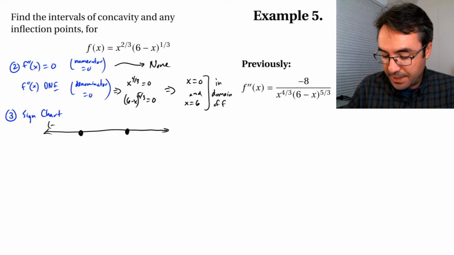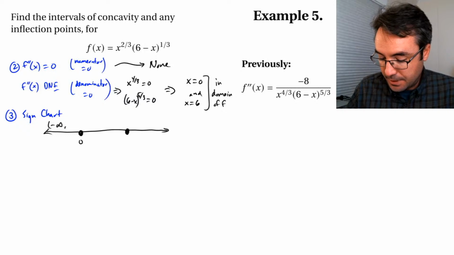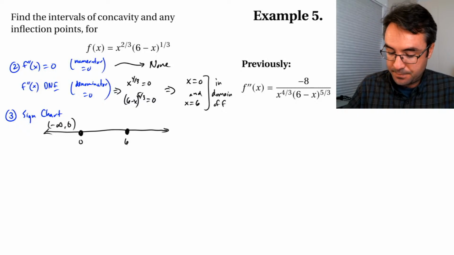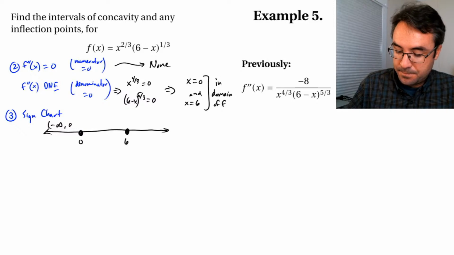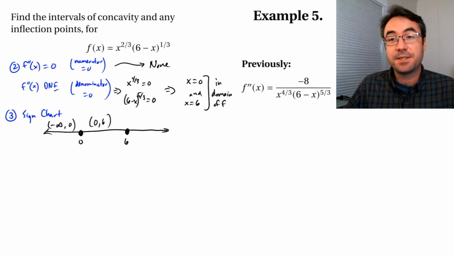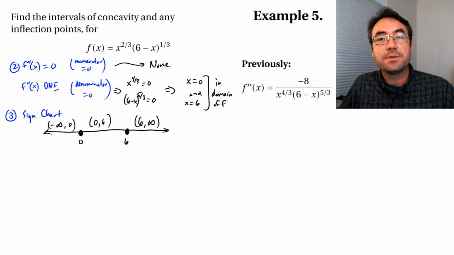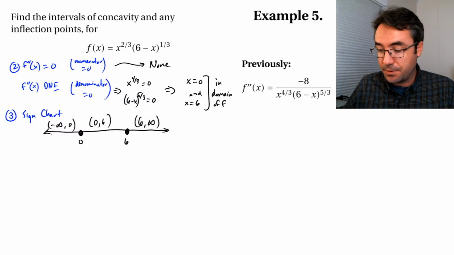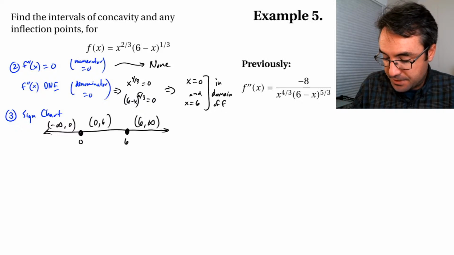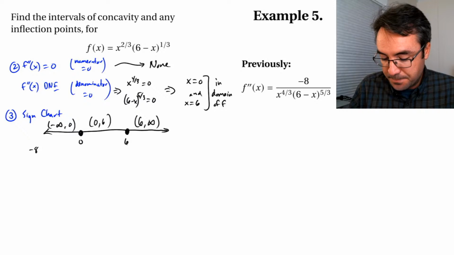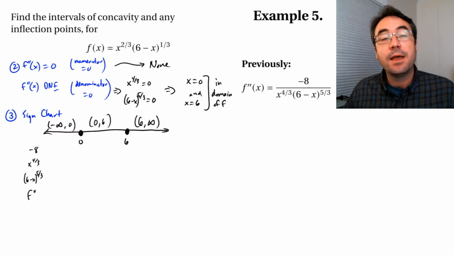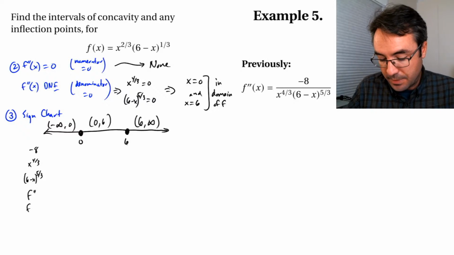So we get the interval from -infinity to 0, the interval from 0 to 6, and then finally the interval from 6 to infinity. We're going to figure out the sign of f double prime on each of those intervals. So let's write down the various pieces of our function, -8, x to the 4/3, and 6 minus x to the 5/3. And we're going to see what those tell us about f double prime, and then ultimately f.